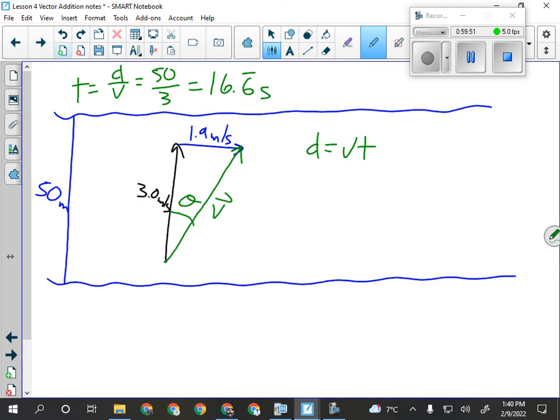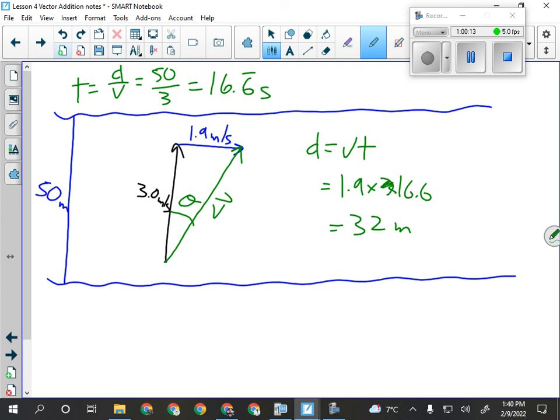These two things are happening concurrently, at the same time, so the time is the same for both of them. So I take my 1.9 times 16.6, and I get 32 meters after you round. 32 meters downstream.